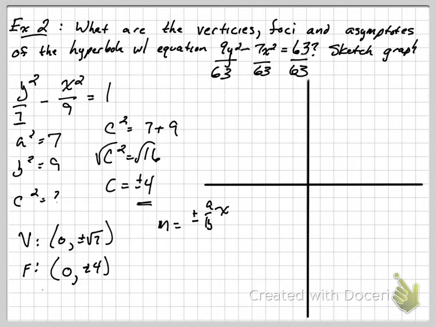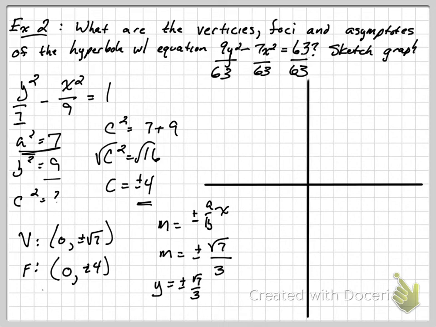So in this case, what's my a? My a is actually the square root of 7. a squared is 7, right here. So my slope is plus or minus the square root of 7 over b. Well, b squared is 9, so b is 3. So the equation of my asymptotes is y equals plus or minus radical 7 over 3 times x.